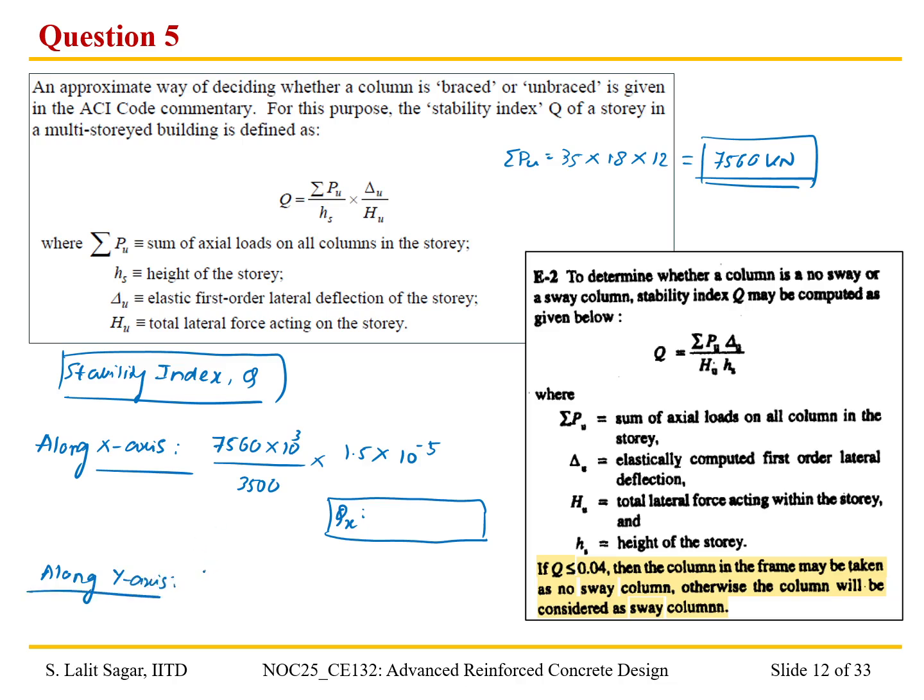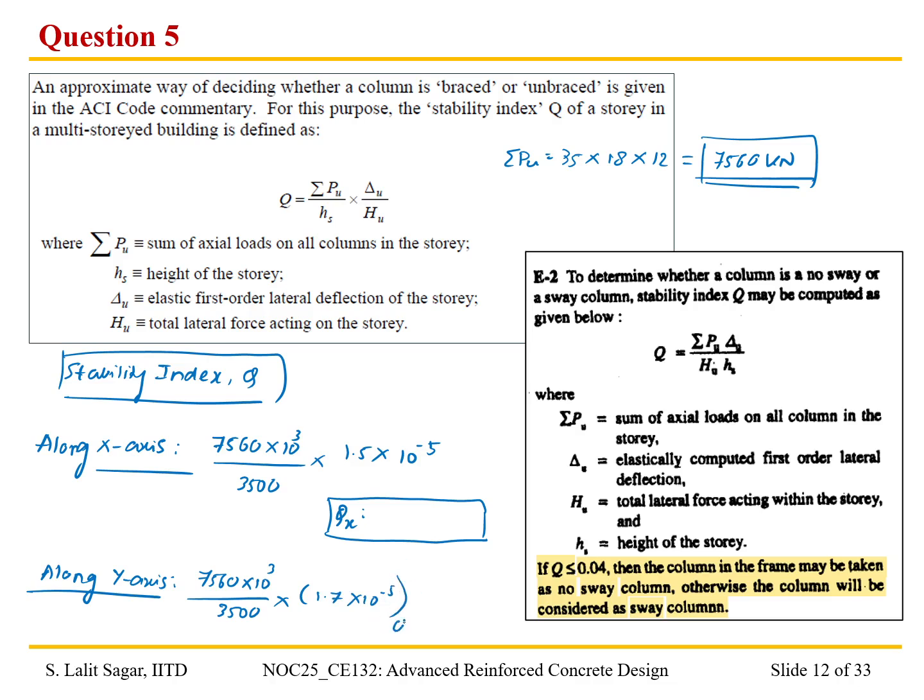Along the y-axis, sigma pu remains the same, 7560 into 10 to the power 3, divided by 3500 multiplied by 1.7 into 10 to the power minus 5.